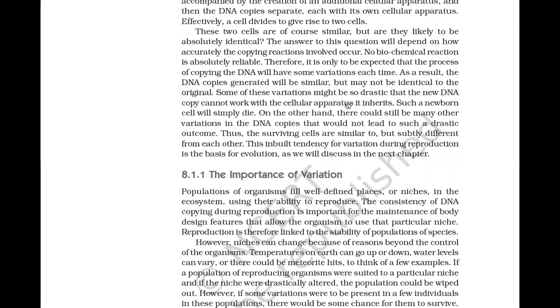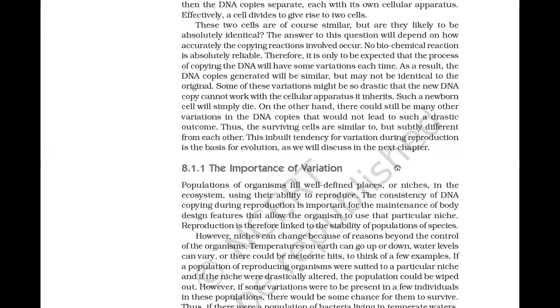Some of these variations might be so drastic that the new DNA copy cannot work with the cellular apparatus it inherits. Such a newborn cell will simply die. On the other hand, there could be still many other variations in the DNA copies that would not lead to such a drastic outcome. Thus, the surviving cells are similar to, but subtly different from each other. This inbuilt tendency for variation during reproduction is the basis for evolution, as we will discuss in the next chapter.